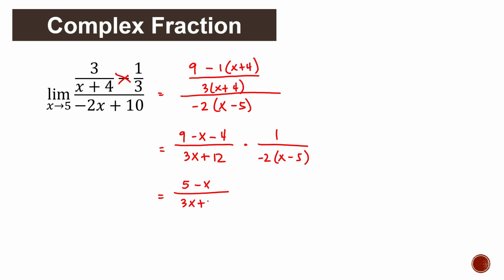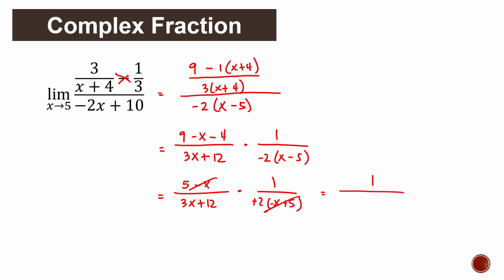Now you might be thinking, oh, we cannot simplify anything here, but I believe we can simplify something. But we need to change the signs of this here, right? So that 2 will become positive, the x will become negative, and that 5 will become positive. So now we can cancel that 5 minus x. This is the same as negative x plus 5. Alrighty, and now we can substitute that 5.